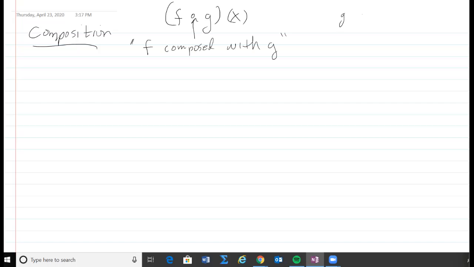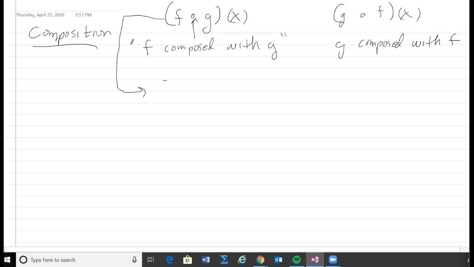You could also do it this way. This would be G composed with F. Okay. F composed with G. And there's a difference because what this actually means is F of G of X, like that. And this one means G of F of X. Now in general, it's not a commutative operation.